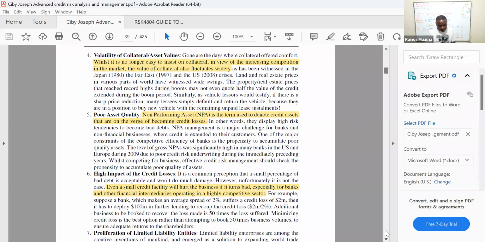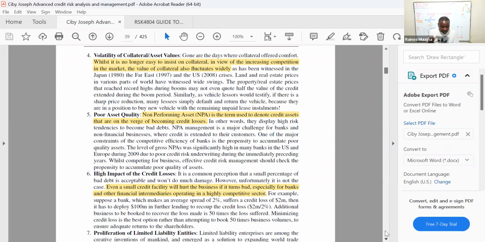Now, the next reason for credit risk analysis is poor asset quality. And here they say non-performing assets. Non-performing asset is the term used to denote credit assets that are on the verge of becoming credit losses. So financial institutions need to keep a very tight look when it comes to monitoring and reviewing of credit assets.